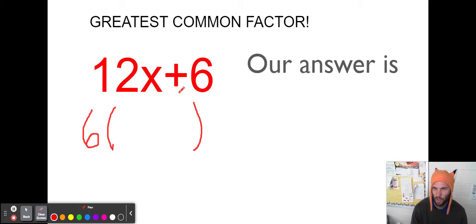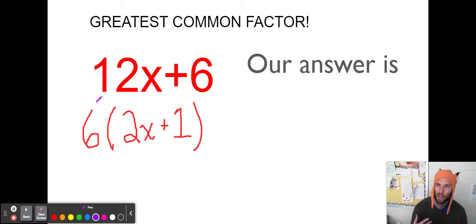GCF goes outside, parentheses. What goes on the inside? It's 6 times what equals 12x? Or you can think about it as 12x divided by 6 is what? 6 times 2x is 12x. And 6 times what is 6? That's 1. Okay? So is there a check? The check is if you multiply it together, then you should have the original.